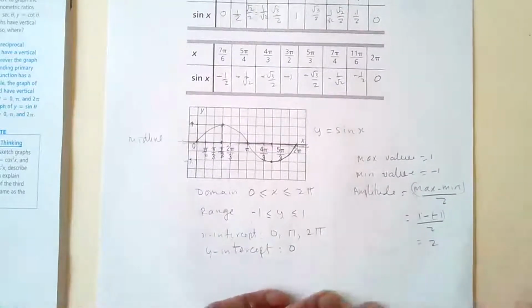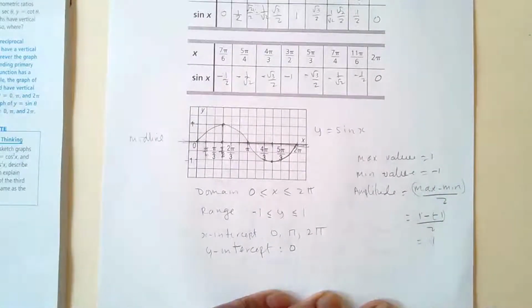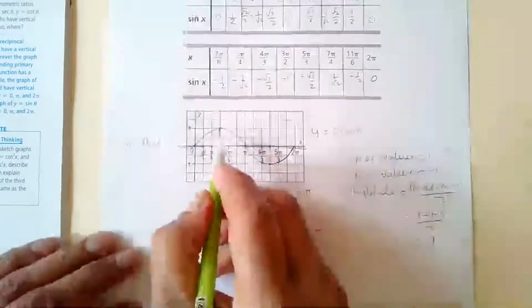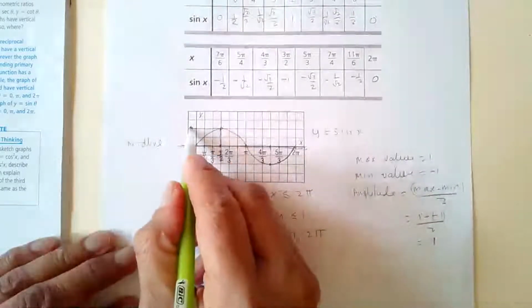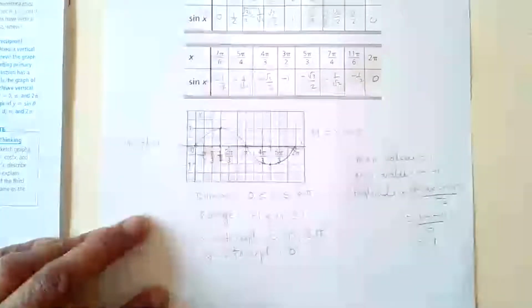Oh, sorry, 1. And you can tell it's from this point here to 1 here. So visually you can tell that, but algebraically you can work out the amplitude.